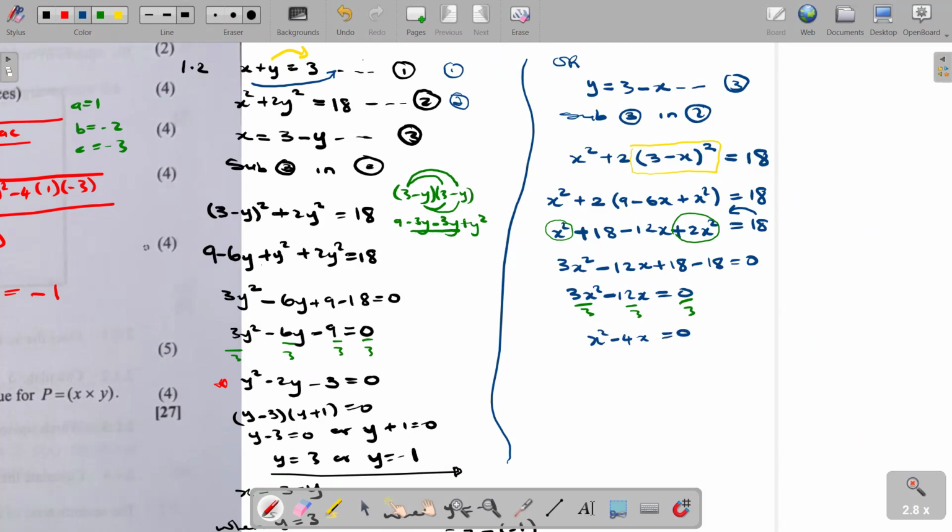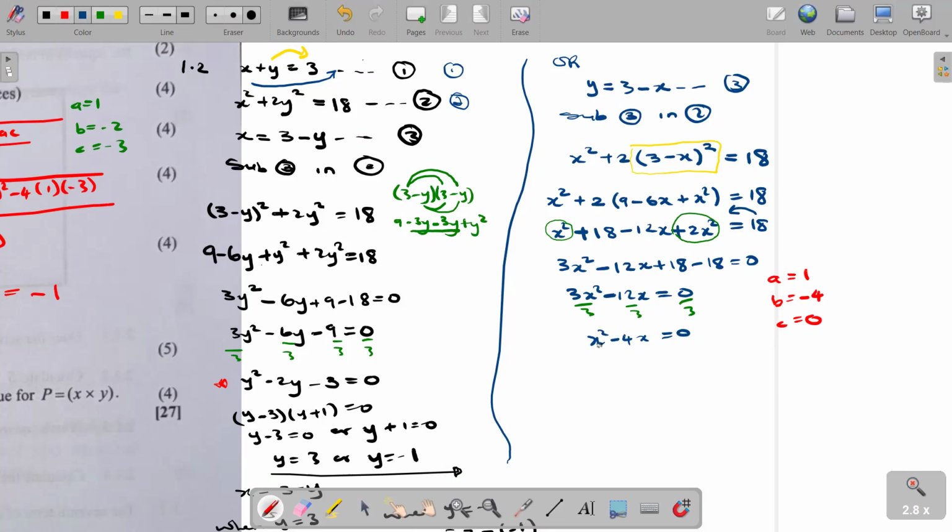You can use the quadratic formula, but take note, if we are to use the quadratic formula, in this case, it means a is equal to 1, b is equal to minus 4, c is equal to the constant we do not have, so it means it's 0 there. But in this case, let's use the factorization.